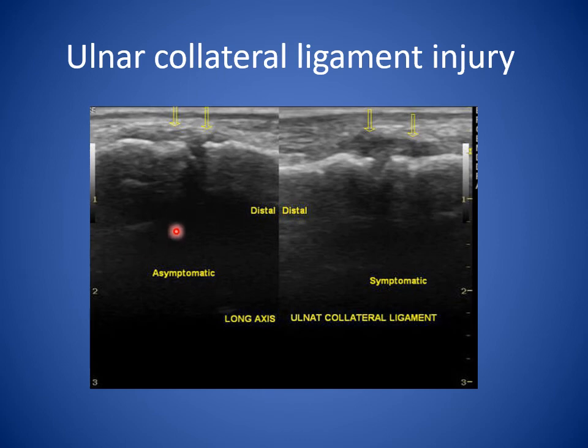A comparative study may be helpful to distinguish the difference between the two sides. Here we see the normal appearance of the ulnar collateral ligament at the asymptomatic side, and this is the appearance of the torn ligament at the symptomatic side.